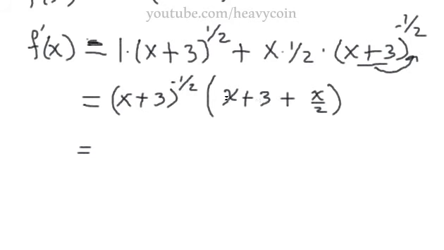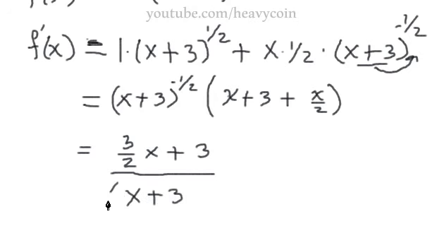We have like terms here, x and then a half x, or x over 2, so we can rewrite that as 3 halves x plus 3, over x plus 3 raised to the half. Good enough. And this is f prime of x.